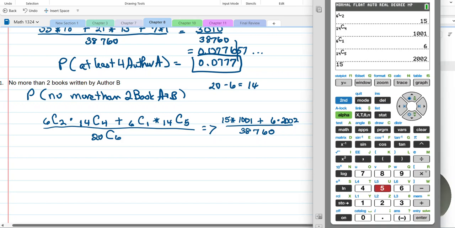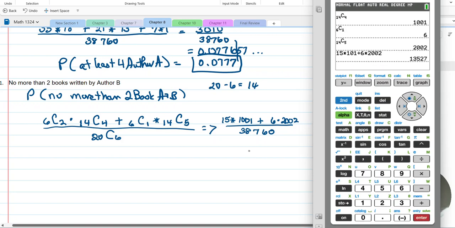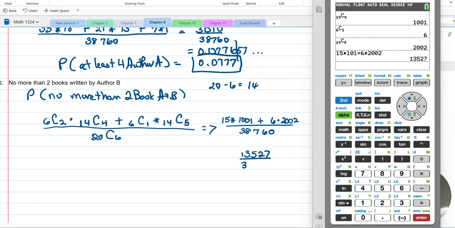So I have 15 times 1001 plus 6 times 2002. 13527 divided by 38760.